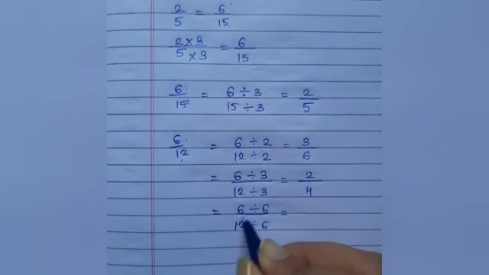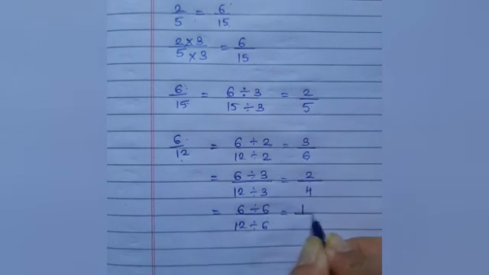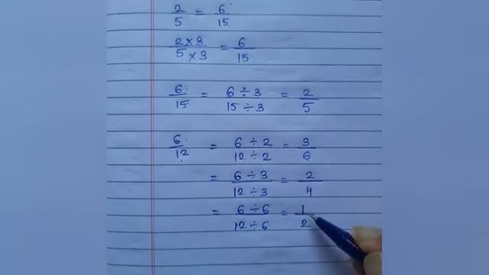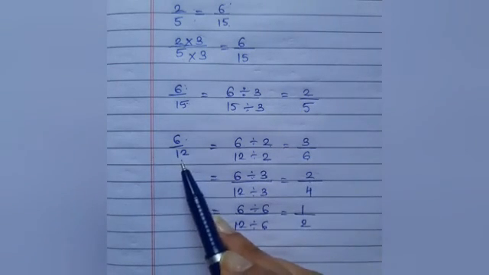The value is 6 divided by 6 is 1 upon 12 divided by 6 is 2. So the obtained fraction, 1 upon 2, is also equivalent to 6 upon 12.